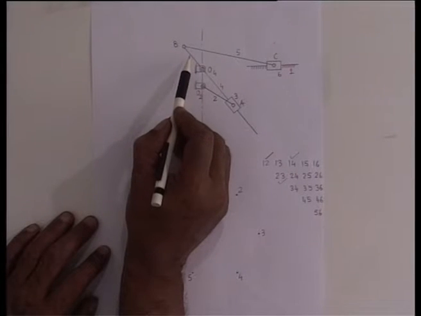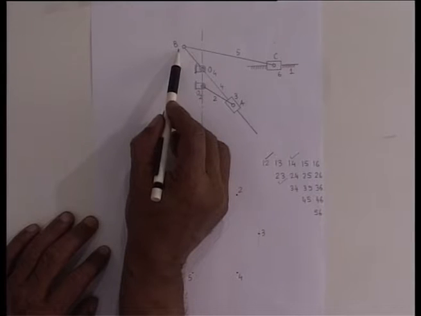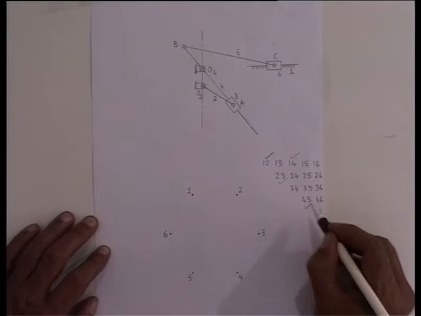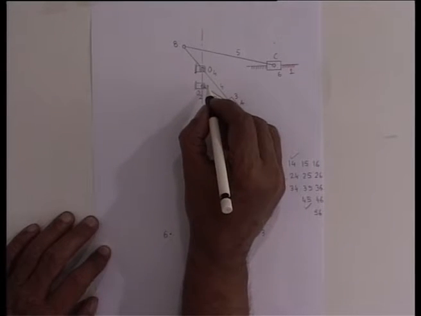Link number 4 and 5 are connected by a revolute pair at B. So, 4 5 is at B. So, let me try to write this.